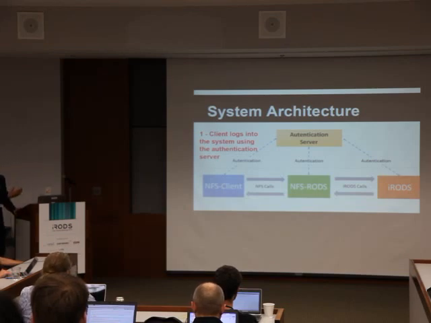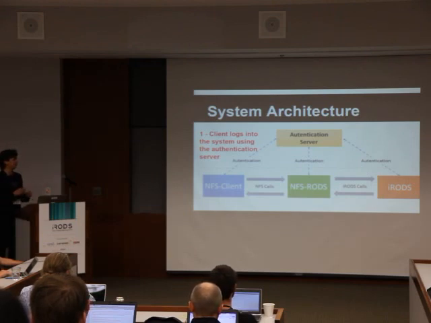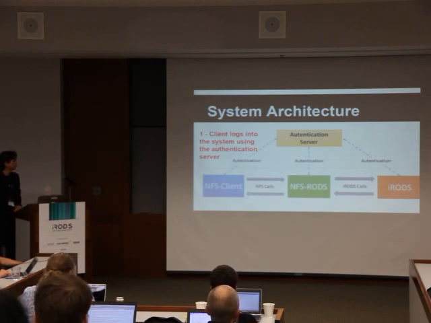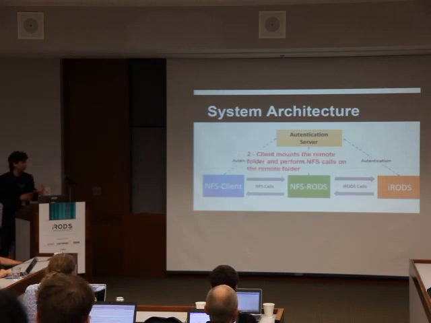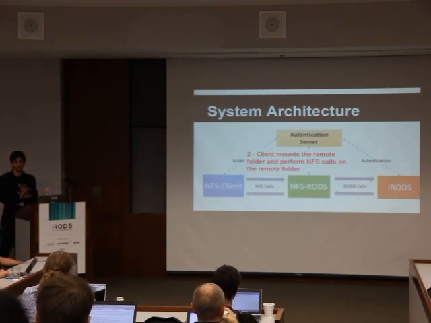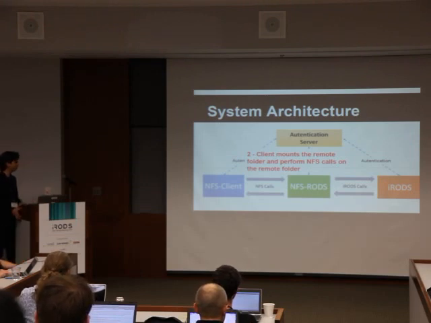And this is the flow of communication. First, the client will log in to the system using his credentials that are stored in the authentication server. After that, he will map the remote folder in the NFS world and perform some operations in the terminal or the system.